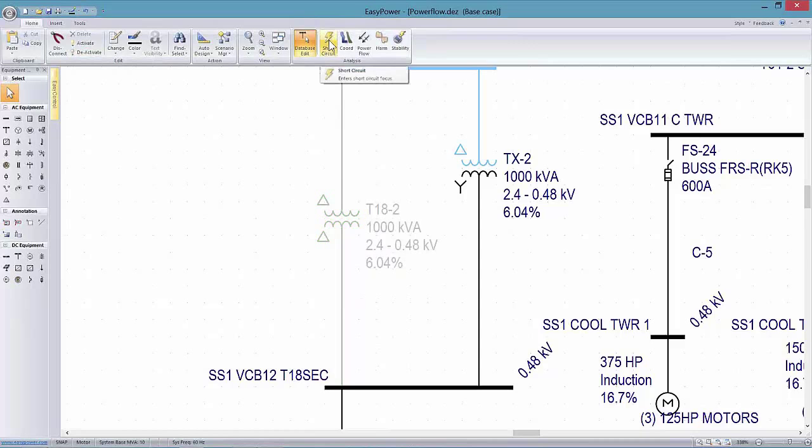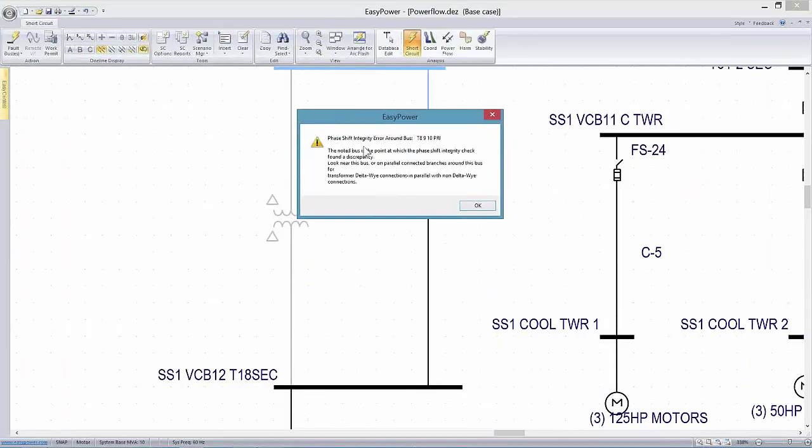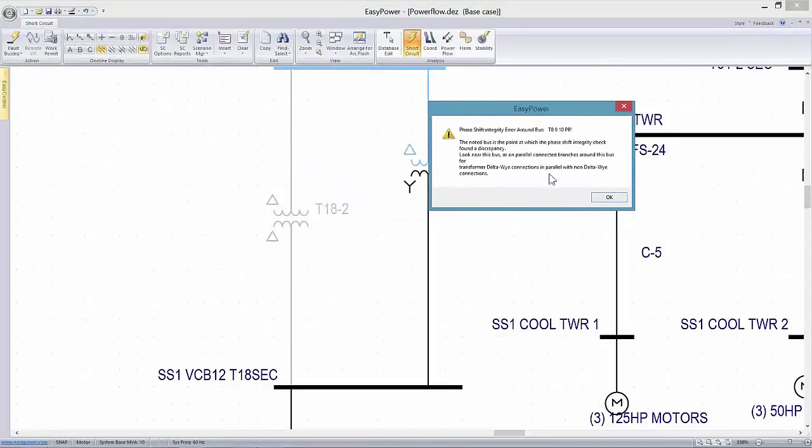And then go to short circuit focus, and the tool tells us that we have a phase shift error because of something that's going on in or around bus T8, 9, 10 primary.